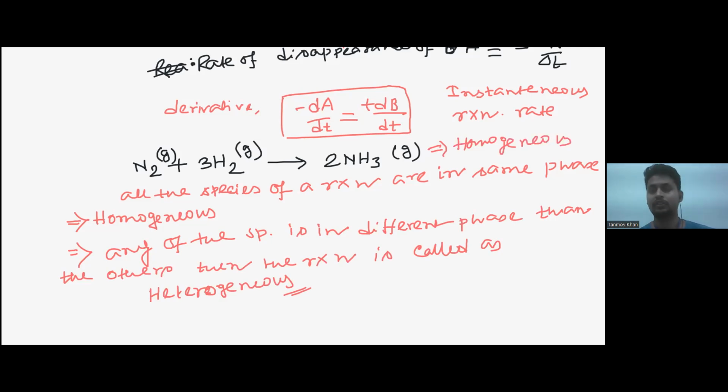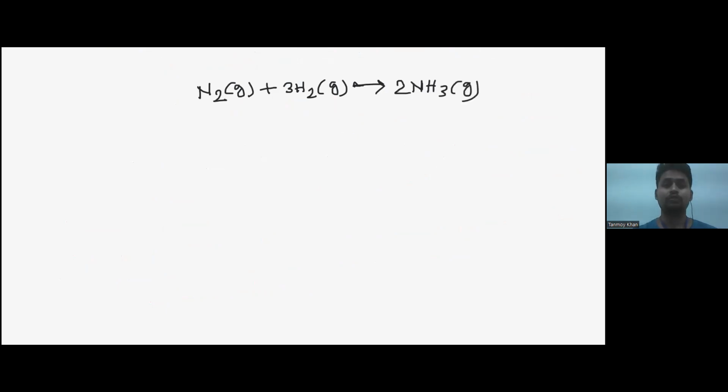Just for information. Now, if we think about this reaction and try to write down the rate of the reaction in terms of reactant or product, what will be the rate of the reaction?